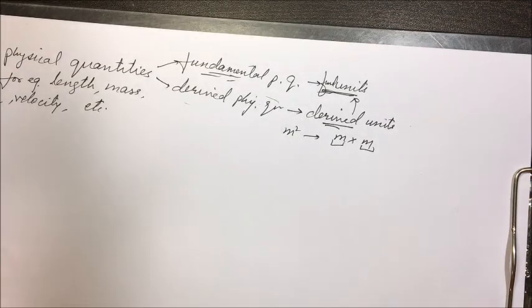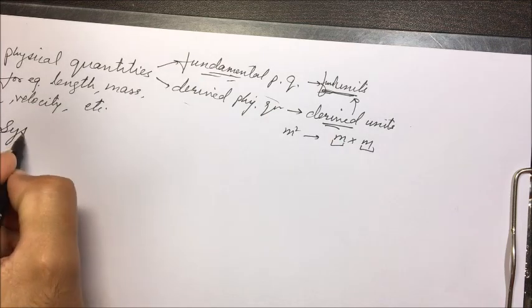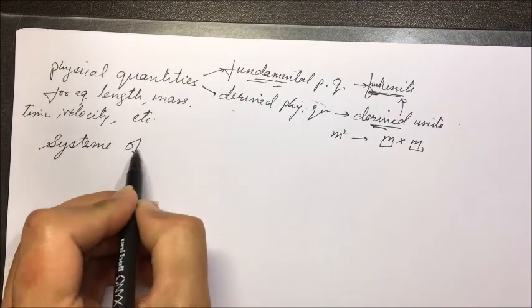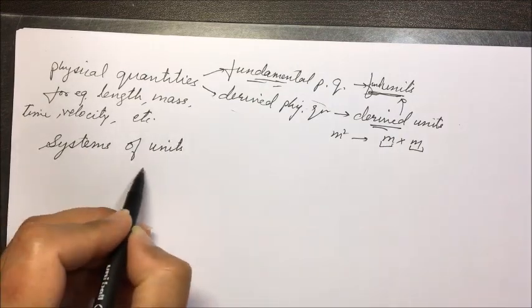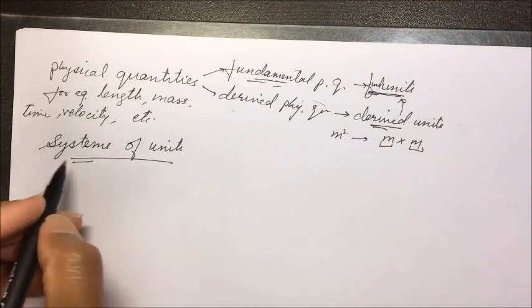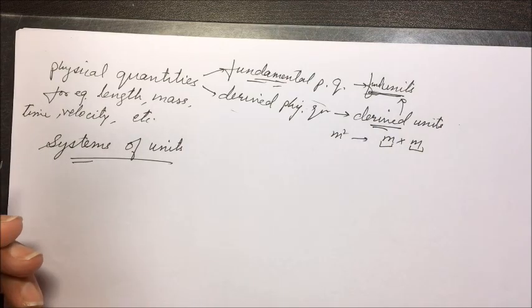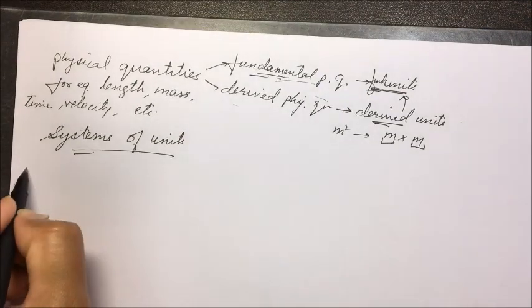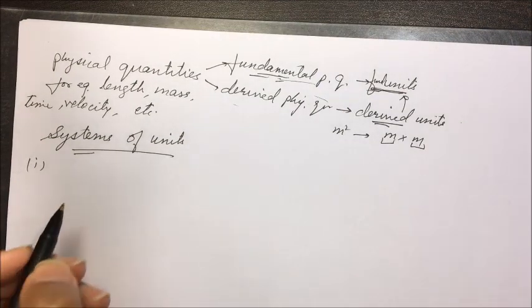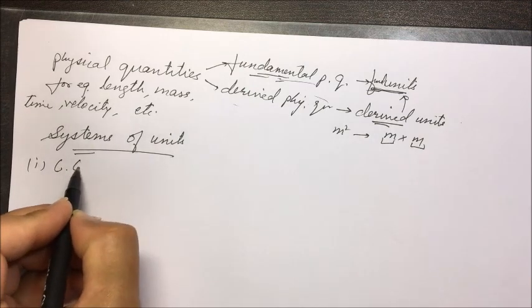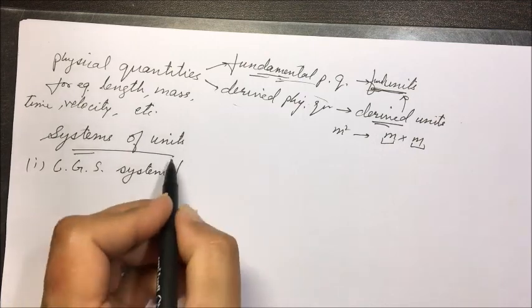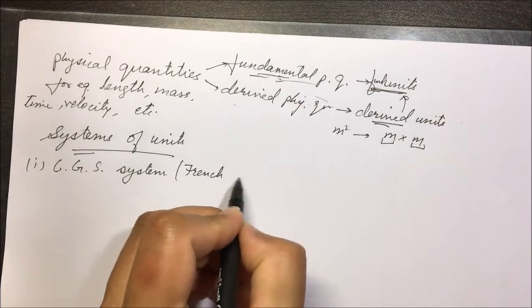So today we will be discussing various systems of units. In different parts of the world, different systems were developed to measure these fundamental quantities. So let's discuss three of them. First one was the CGS system, also called the French system.